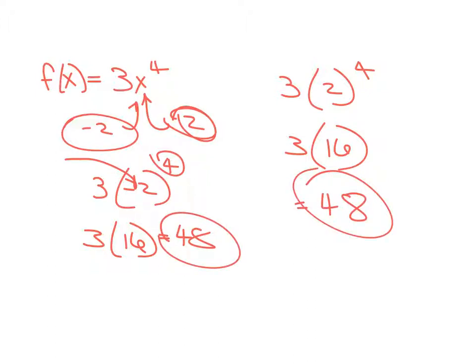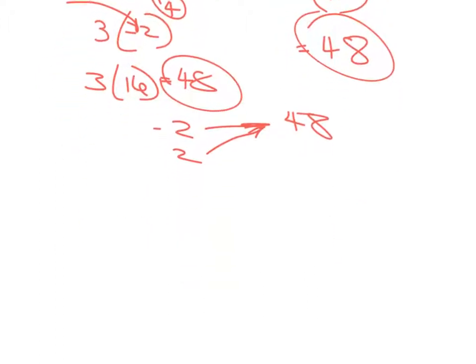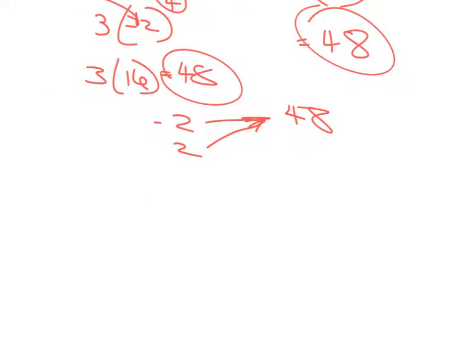So my input of -2 gave me 48, and my 2 as an input also gave me 48. Therefore, it is not a one-to-one function. Because in a one-to-one function, I could only have -2 go to 48, and a 2 goes to something else.